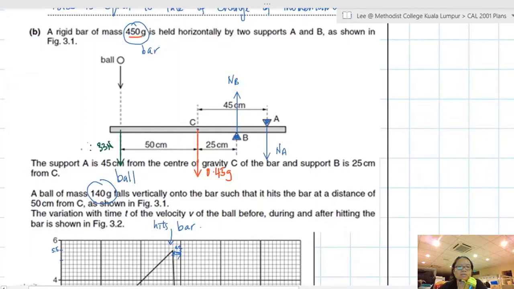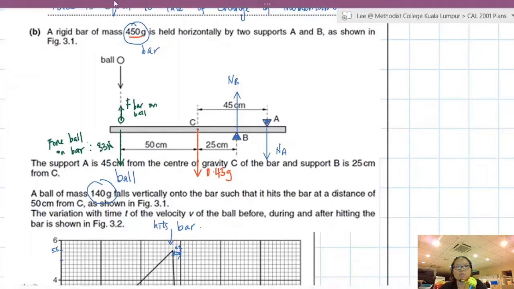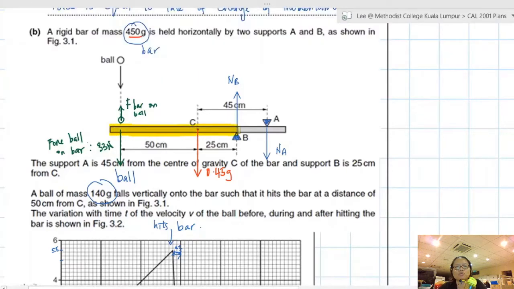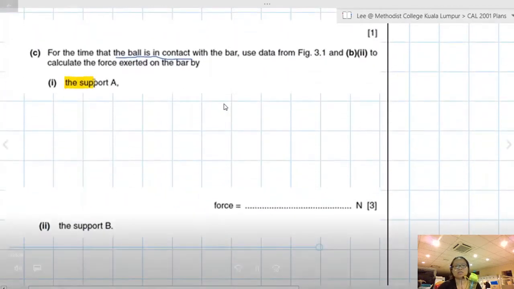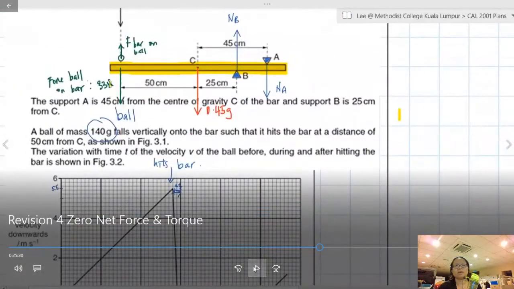Where the ball whacks the plank, you get 33 Newton of force. Force of the ball on the plank. Of course, the reaction force will be force of the bar on the ball, causing the ball to rebound. So what you calculated just now, the 33 Newton, let's go back here for a bit.